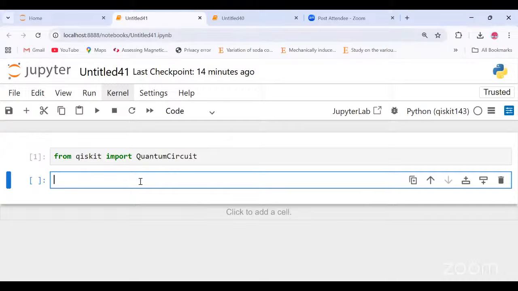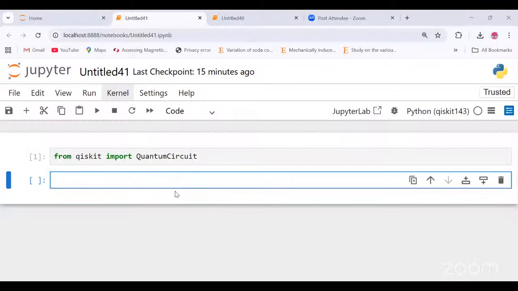Then we want to copy all the commands at here. 1 minute. I will copy one minute. I will copy all the commands at here.